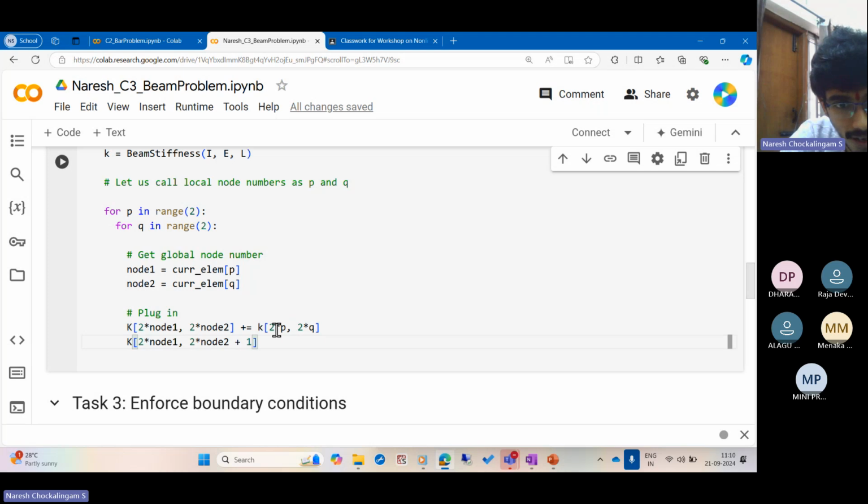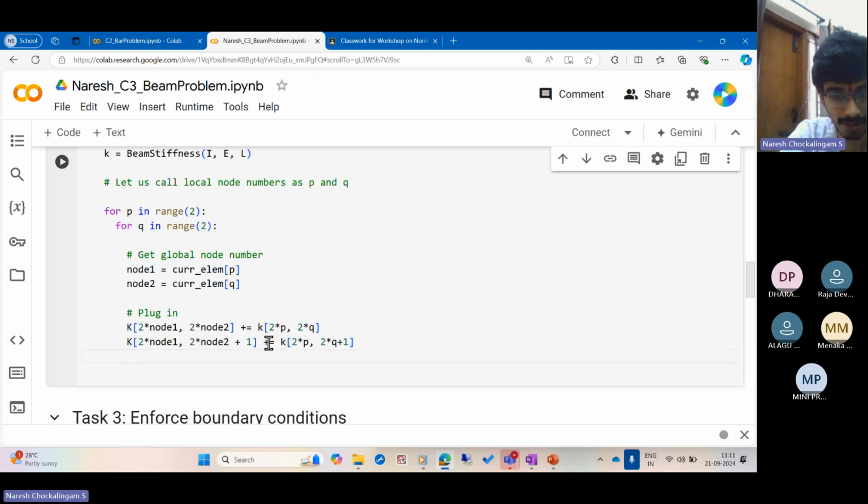So now we have done for 0 0. Now let's do it for 0 1. So 2 star node 2 plus 1 plus equal to, now what will happen here? Small K of 2p, comma 2q plus 1. Next, let us take 2 star node 1 plus 1, comma 2 times node 2 plus equal to small k of 2p plus 1, comma 2q.